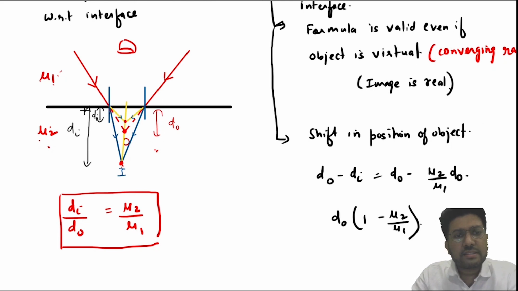That is equal to mu2 by mu1 into do subtracted from do, so do into 1 minus mu2 by mu1. This is the shift in the position of the object due to this interface. That means although the object is present here, apparently it feels like the object is here or here, depending on the values of the refractive index, right?